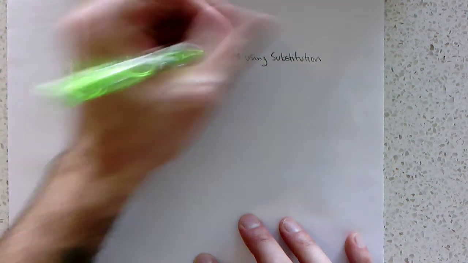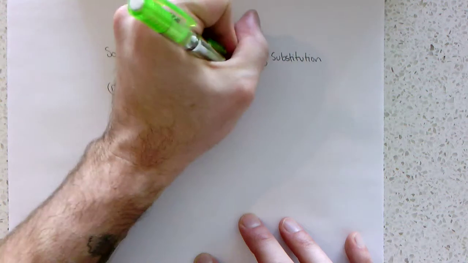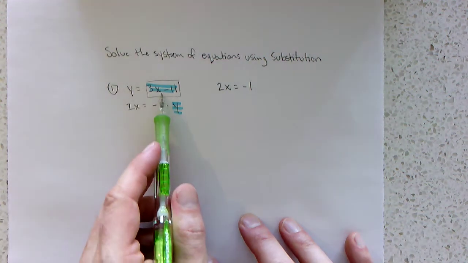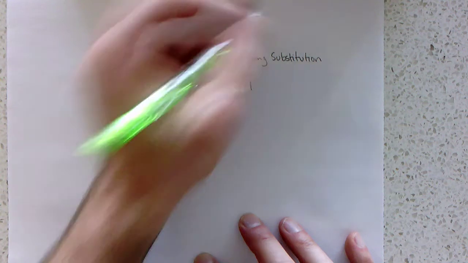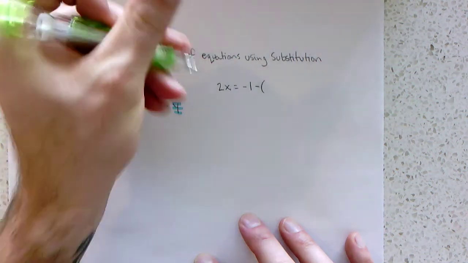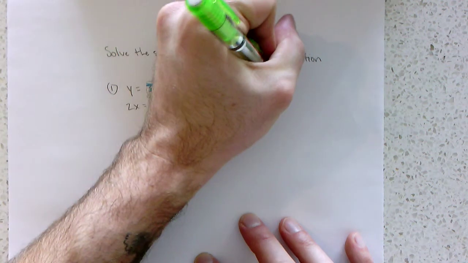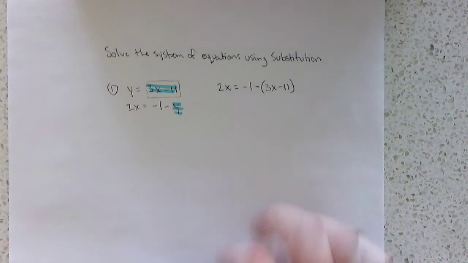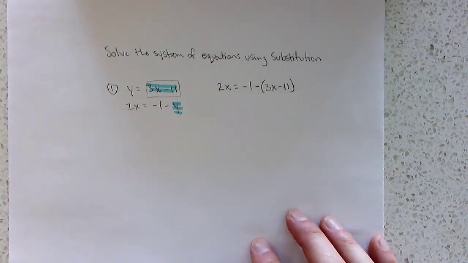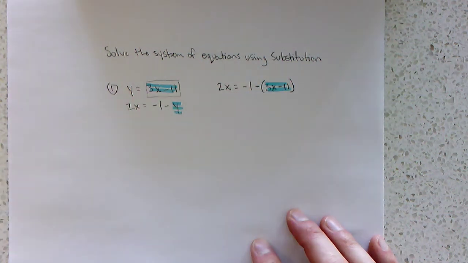So I have 2x equals negative 1. And if I'm going to substitute this entire thing in for my y, I have to do minus 3x minus 11. So I substitute in all that for y. So all of this comes over in here for y.